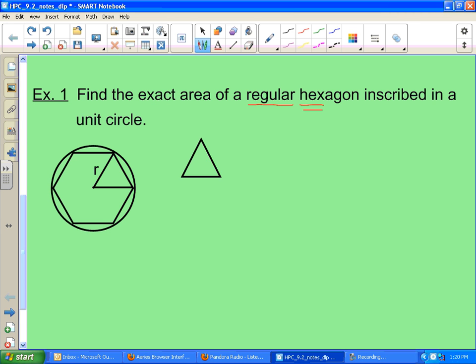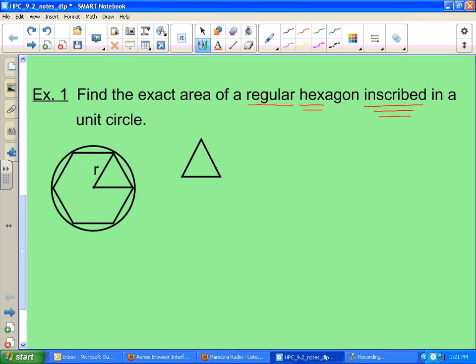Here's another word. We've got all kinds of vocabulary. Inscribed. What does that refer to? That means we have a hexagon that is inscribed in a circle, meaning the shape of the circle will cover the hexagon. What's the other one called?